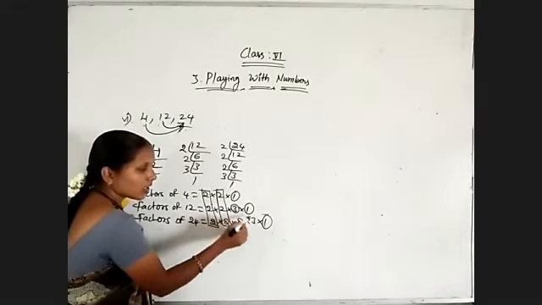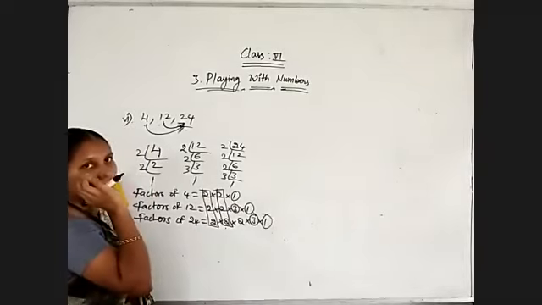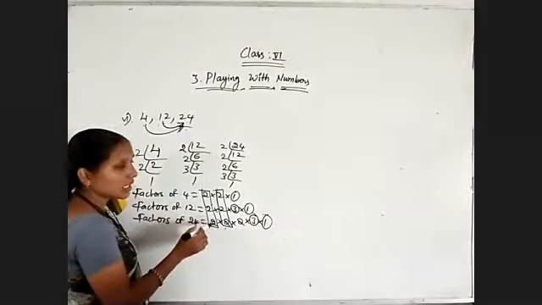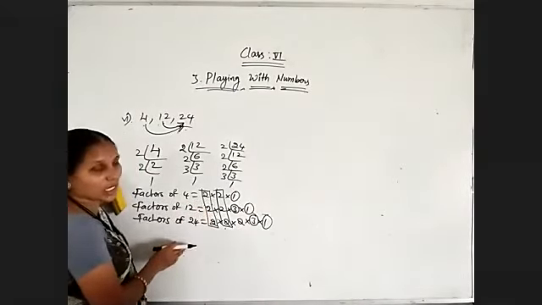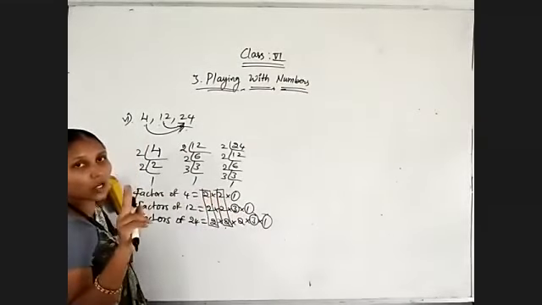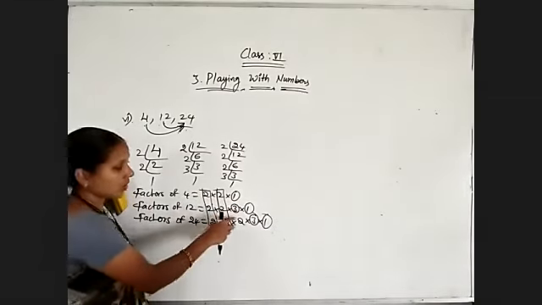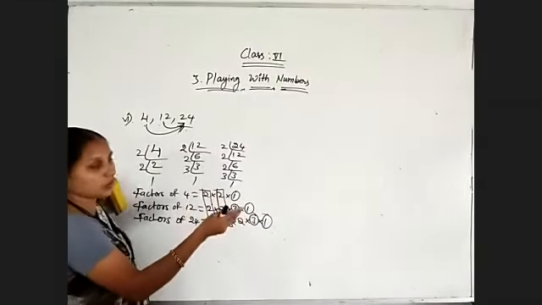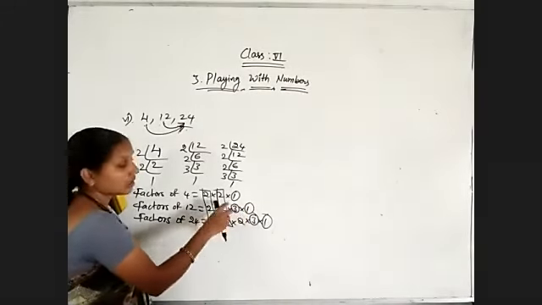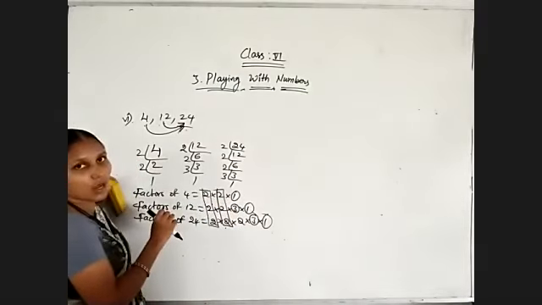Here 3 we got in 2 numbers, that also is a common factor. So we need not only the number which is coming in every number. If it is common for at least 2 numbers, 2 or more than 2, we need to round it up. Here 3 came 2 times, so 3 is a common factor. And 2 came twice and 3 times, so that also is a common factor.